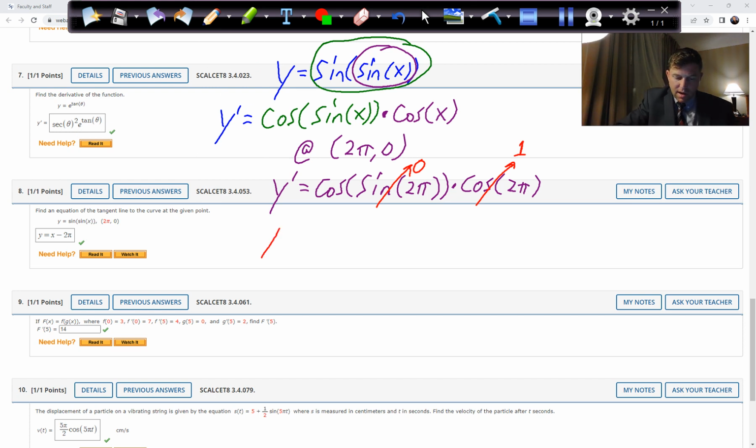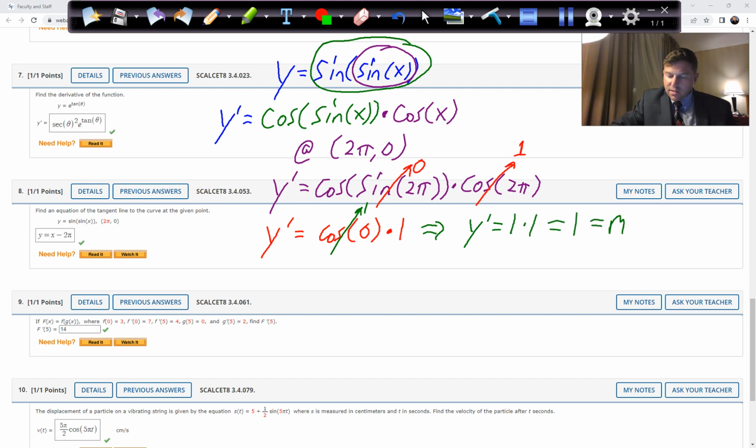So y prime is equal to cosine of 0 now times 1. But cosine of 0 is also 1. So y prime is equal to 1 times 1, which is 1. And that is the slope of the tangent line. We recall derivatives are slopes of tangent lines.